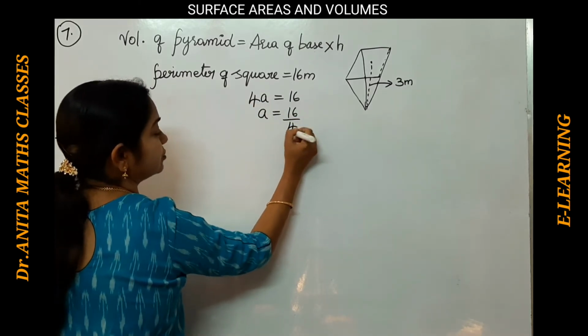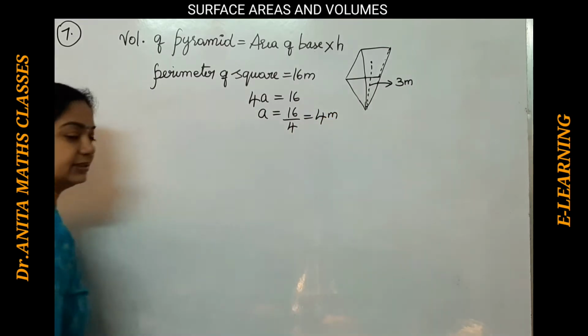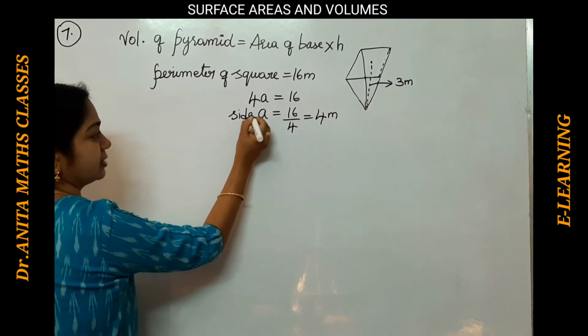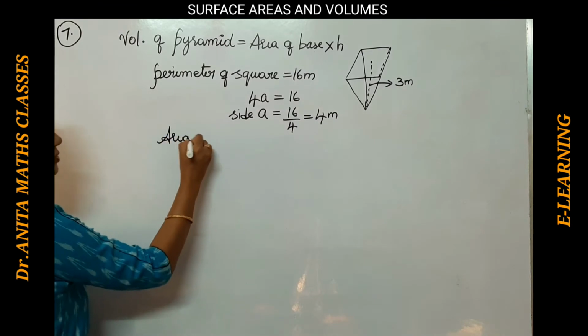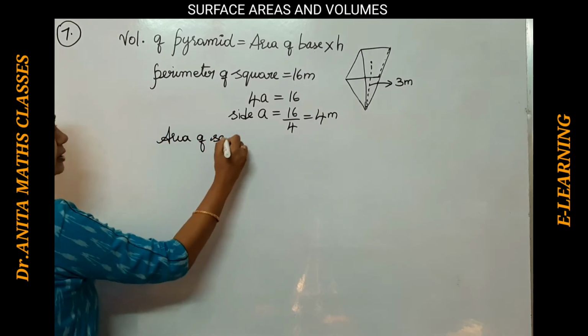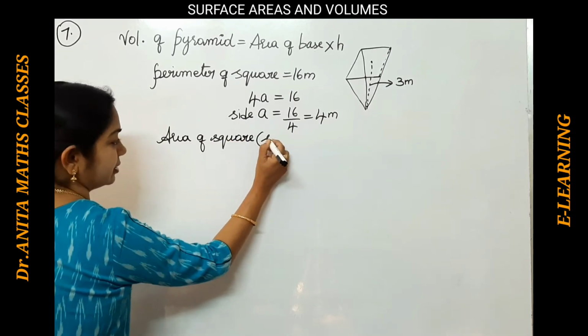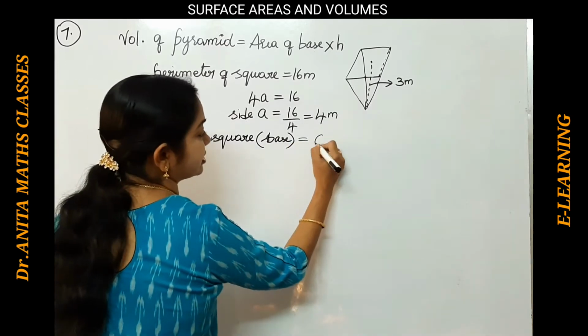So, that comes to 4. All the dimensions are in meters. So, 4 meters is the side of the square. Now, the area of the square, here that square is the base, isn't it? Area is side square.